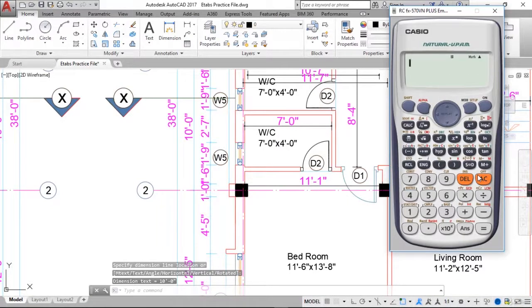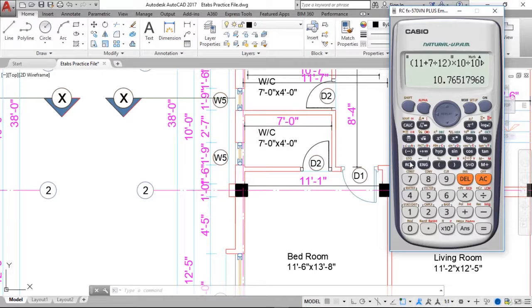So we'll use the brackets, 11 plus 7 divided by 12, times 10, so we get the value in feet square after multiplying these two values. And if we divide it by 10.76, we'll get the area in meter square. Okay, so it's 10.7651 meter square, so we store the value in alphabet B. Now we store this value in alphabet F as well.